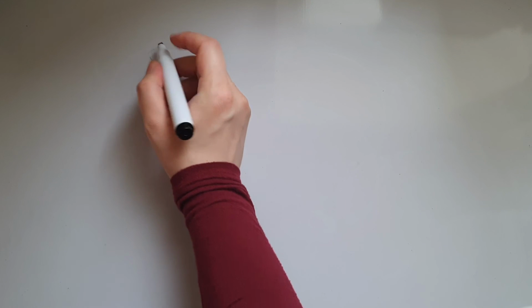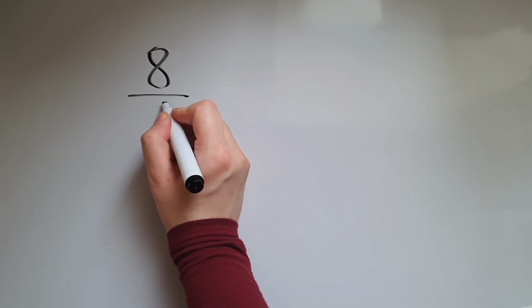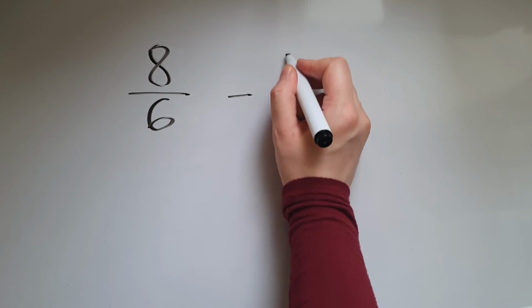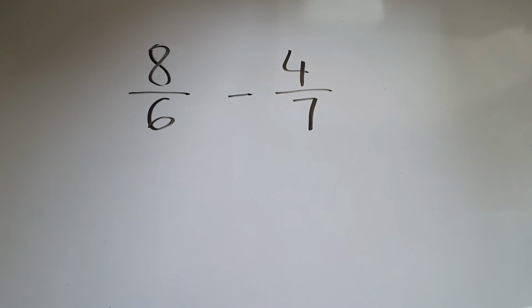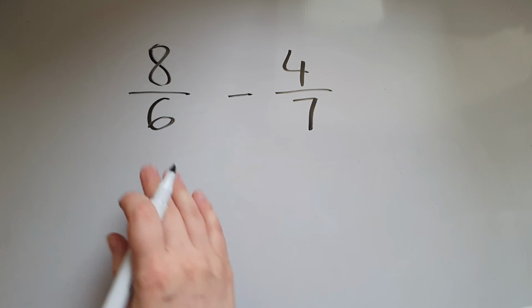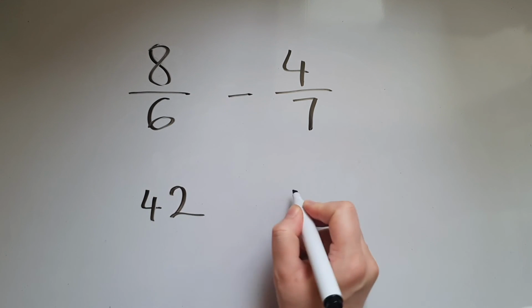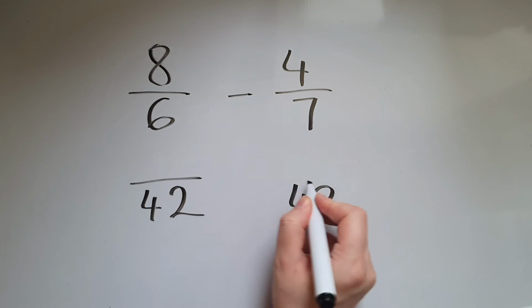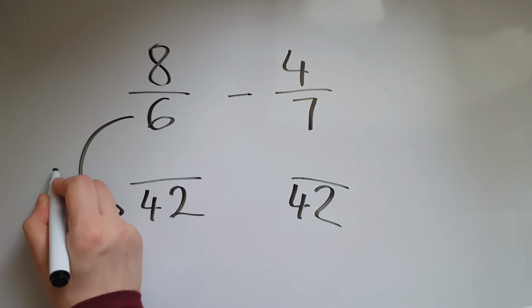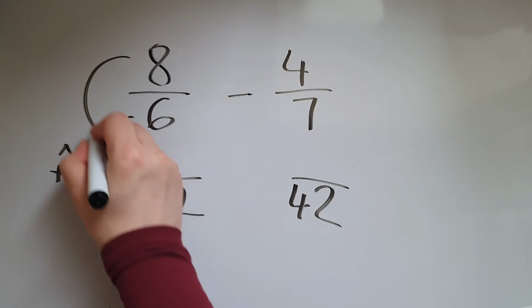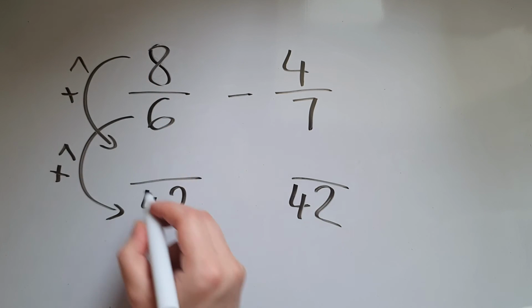Doing another one, so 8/6 take away 4/7. So a common denominator of them both can be 42. To get from 6 to 42, we've multiplied by 7, so we'll do the same to the 8.